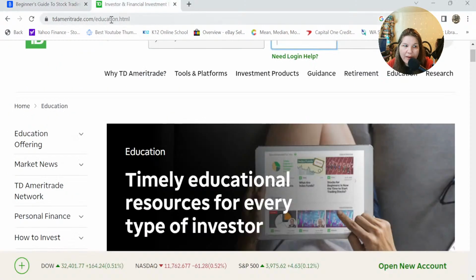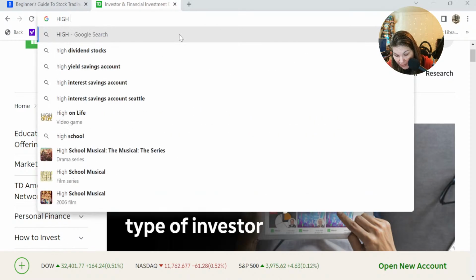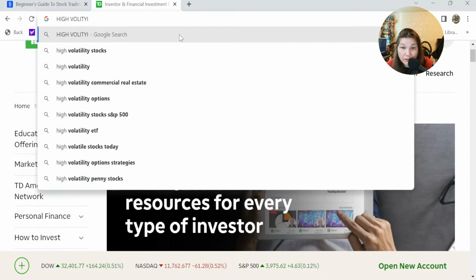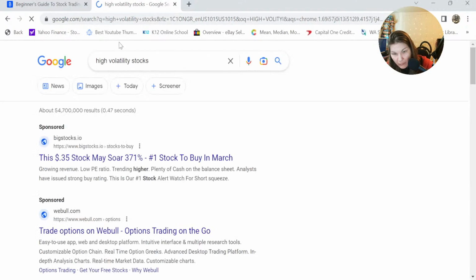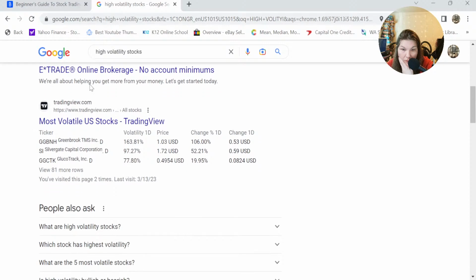So let's say, for instance, you wanted to do call options. I don't know enough about trades to give you guys good examples, but I can show you. You can look for highly volatile stocks today, and that will give you the most volatile U.S. trading stocks.